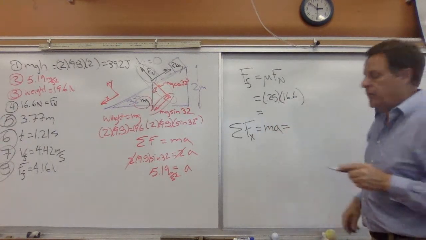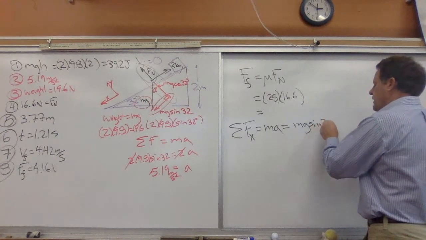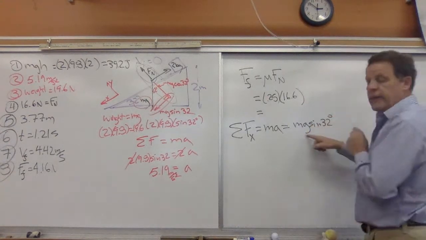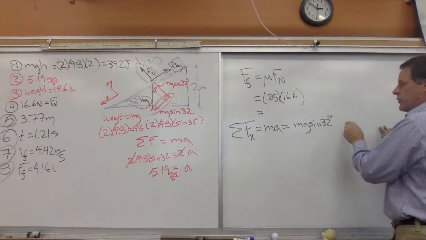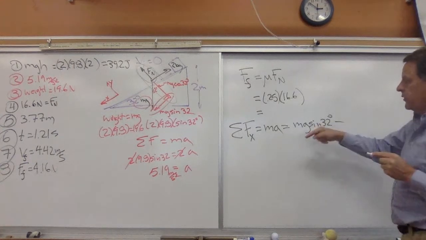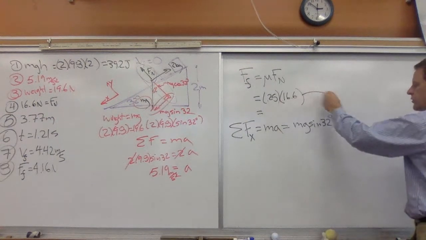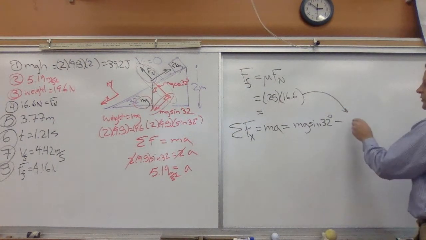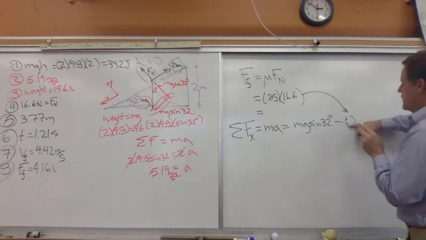Now remember, down the ramp was mg sine 32. That was 5.19. And then we're also going to have minus, so that's down the ramp, that's positive. Minus is going to be mu times force normal.